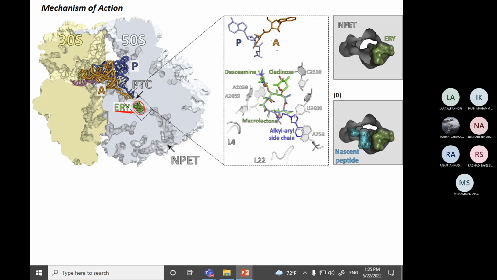All right. طيب هلا لو افترضنا انه انا بدي اطلع from, let's say, this angle, as if I am looking at the tunnel from which that polypeptide is coming out. Look at where erythromycin is.